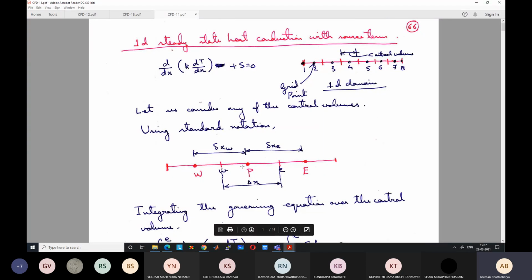So you might have already forgotten. We had a typical control volume going from small w to small e, which is represented by a grid point at its center.